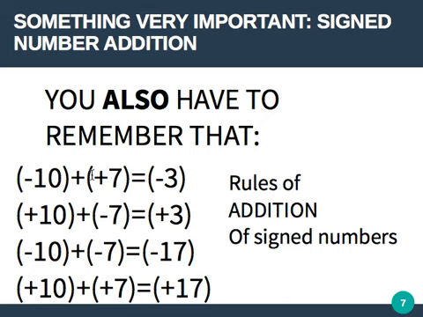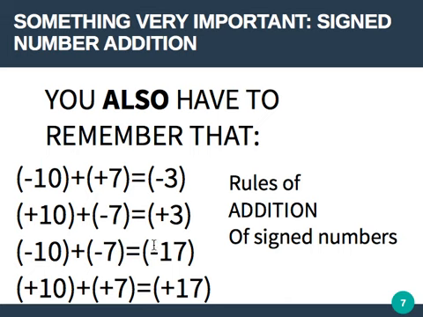Here, who is bigger, the 10 or the 7? It's 10, right? The sign that the 10 has is a negative, so that sign goes in the answer. It's going to be negative 3. Now this one, 10 and 7, different signs, subtract, it's 3. Who is bigger? The 10. The 10 is positive, so the answer is positive.